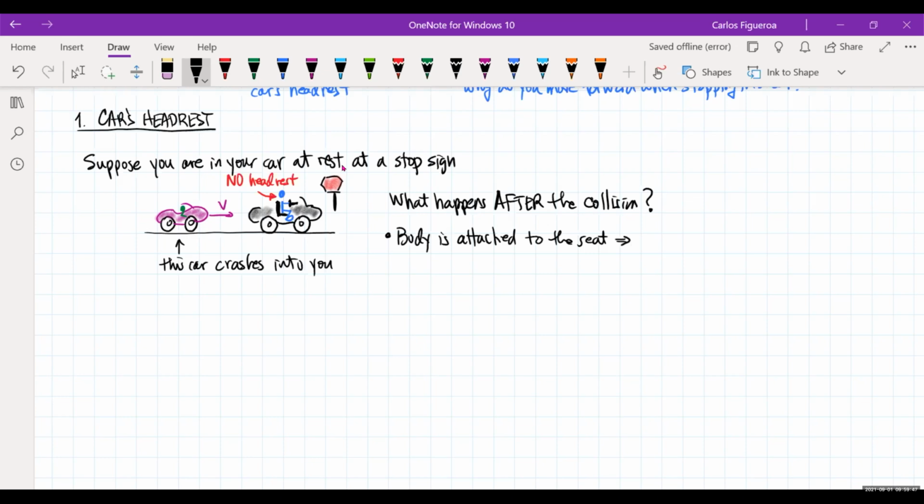So what this tells us is that the car accelerates and your body is forced to move forward.